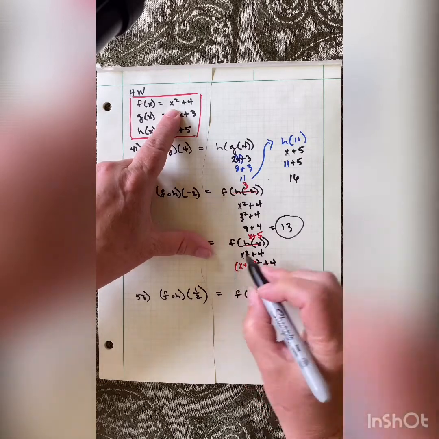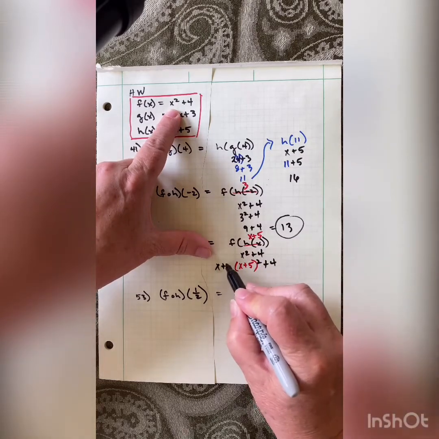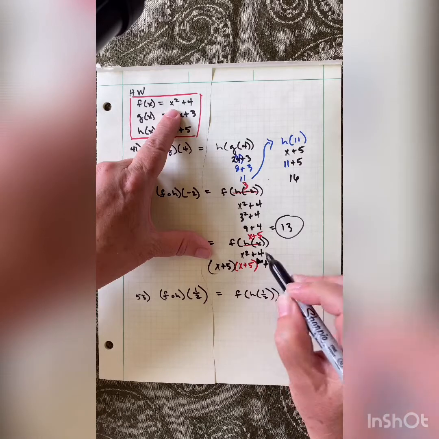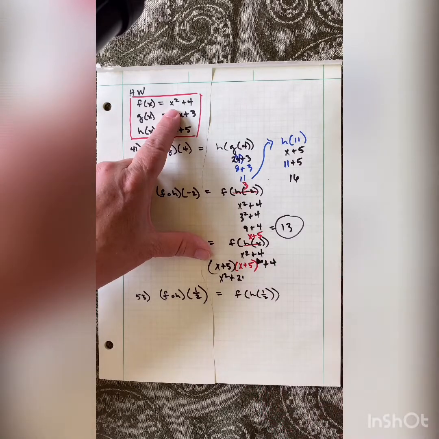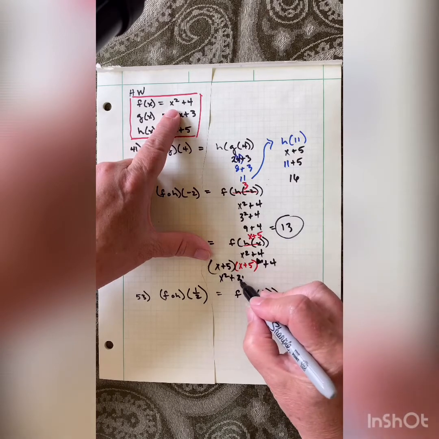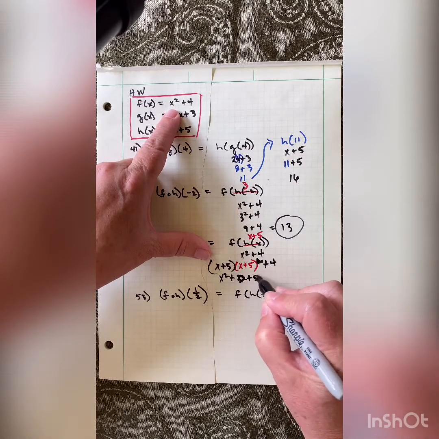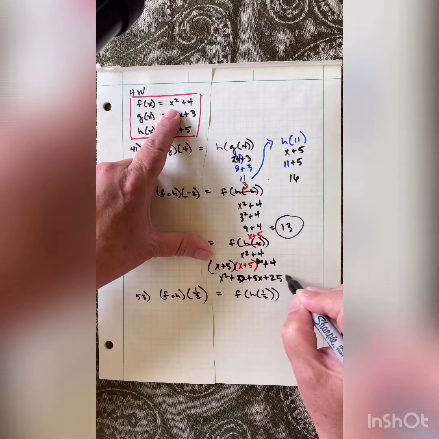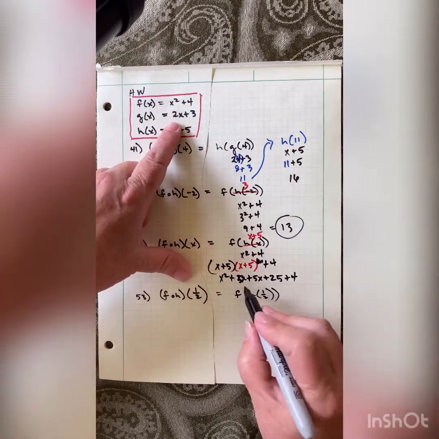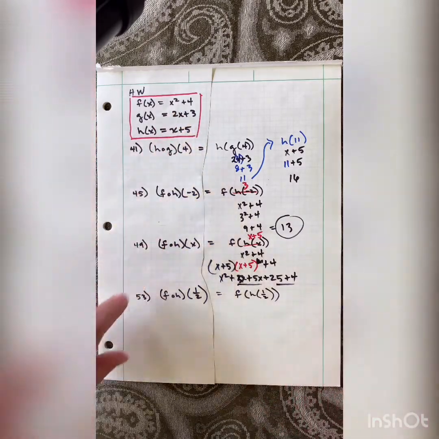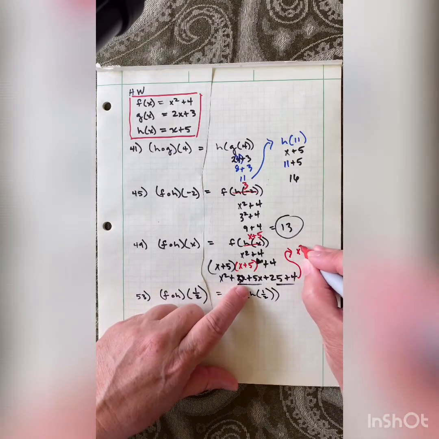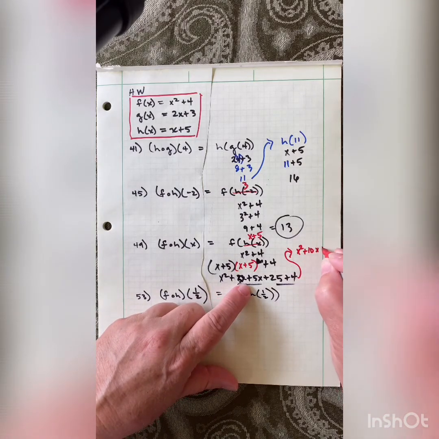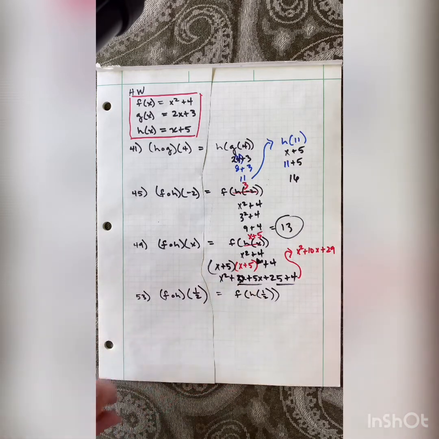Well, that x plus 5 squared really means this, right? So x squared plus 5x plus 5x plus 25 plus 4. Put together like terms. That is going to give me x squared plus 10x plus 29, and that would be your answer.